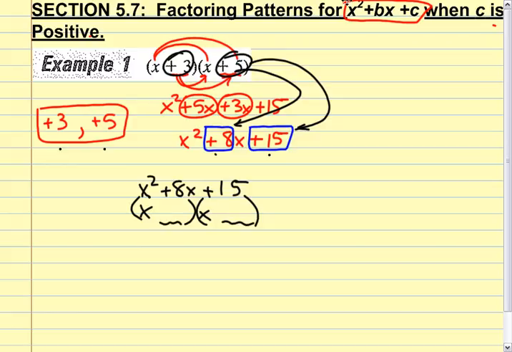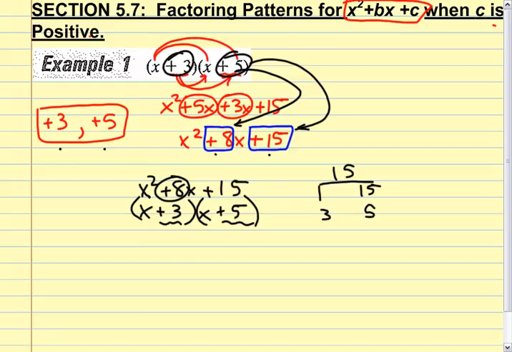We take the number 15 and we write its factors. 1 times 15 gives me 15, and 3 times 5 gives me 15. Which pair adds up to give me the middle number? 3 and 5. Plus 3, plus 5.